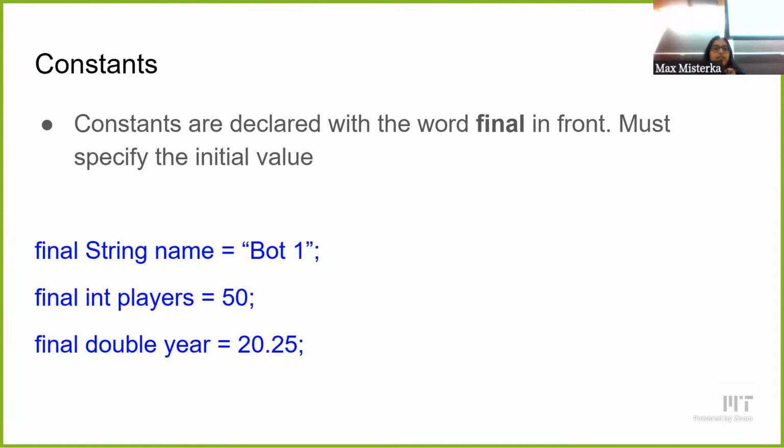Next, we have constants. Constants are declared with the word final in front, and you have to specify the value. So final string name is bot1, final int players is 50, final double year is 2025, for example, and we see that we have the semicolons at the end of the statements.